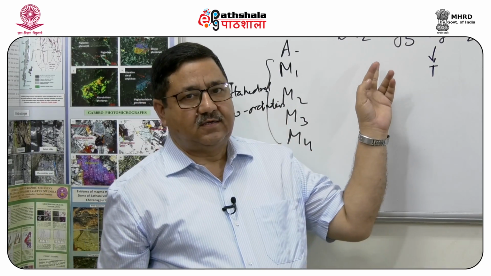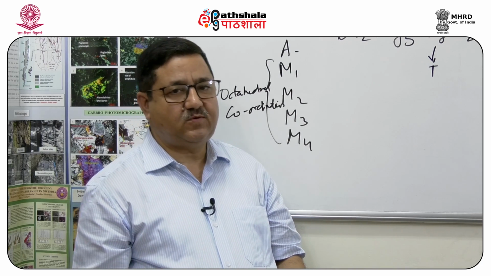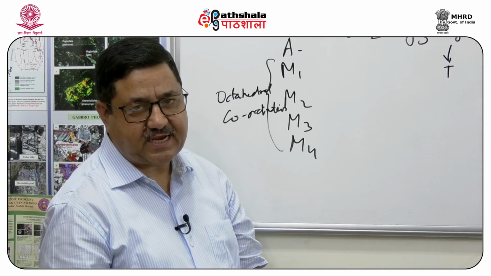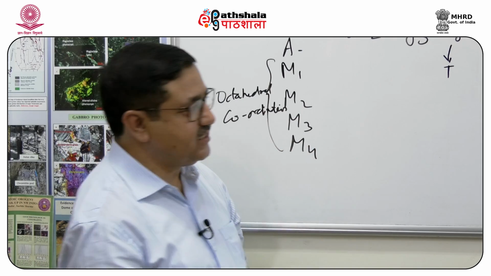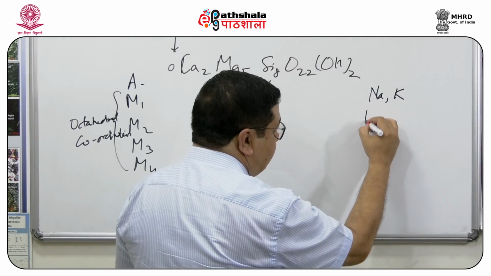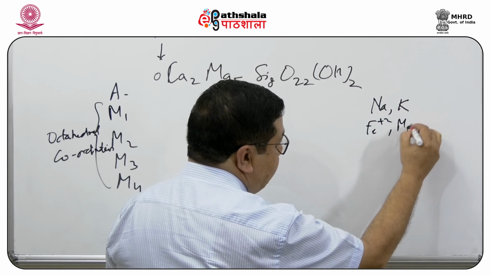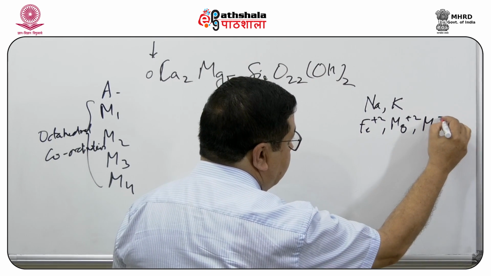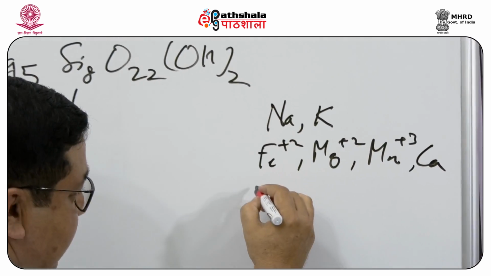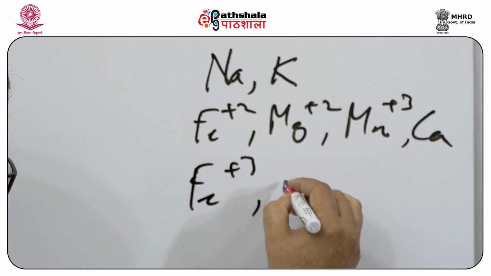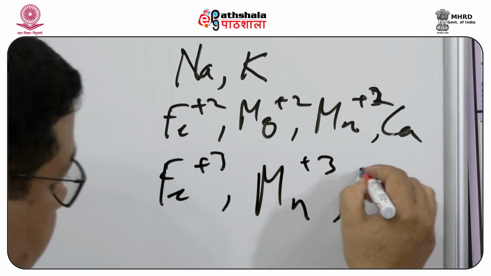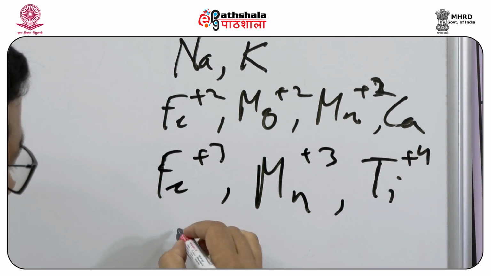Now, as the amphibole changes its composition, let us say during green schist facies to amphibolite facies metamorphism, several substitutions take place, and the elements which enter these structures can be clubbed as sodium, potassium, divalent iron, magnesium, divalent manganese and calcium, then trivalent iron, trivalent manganese, titanium and aluminium.